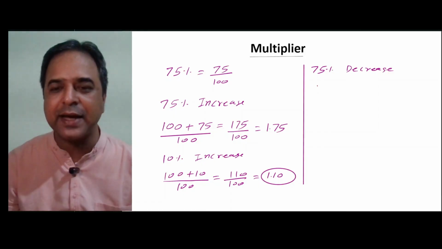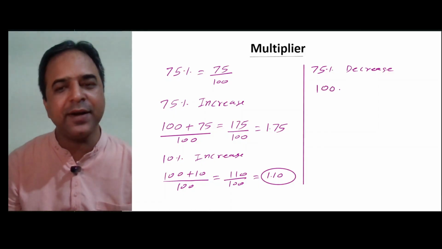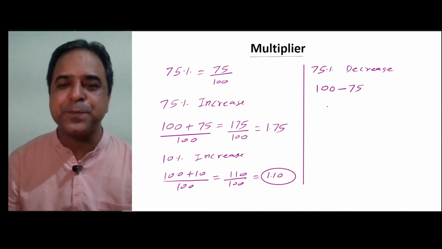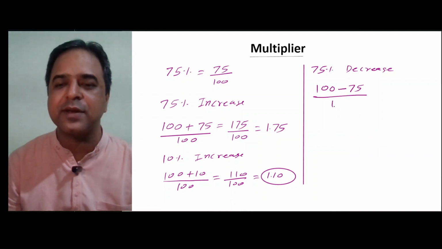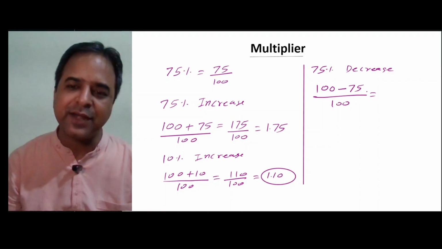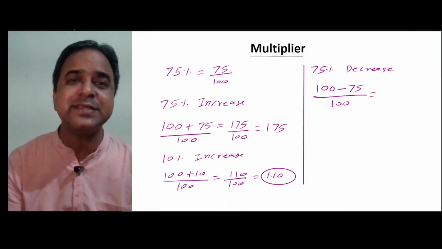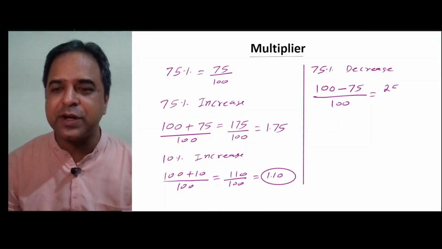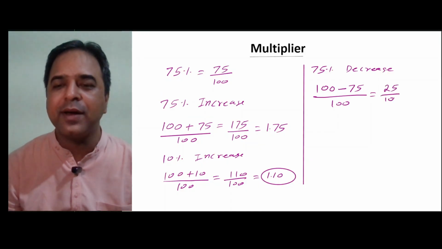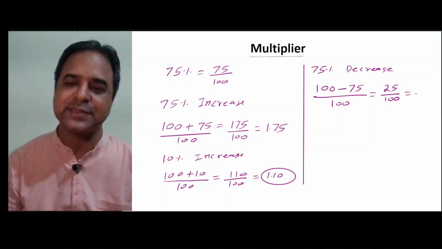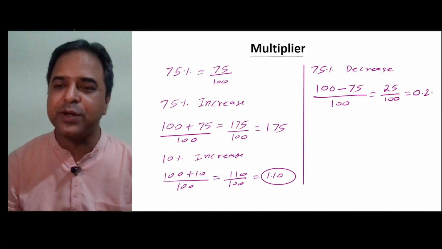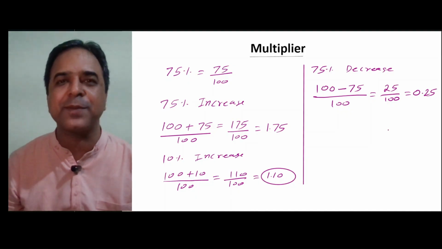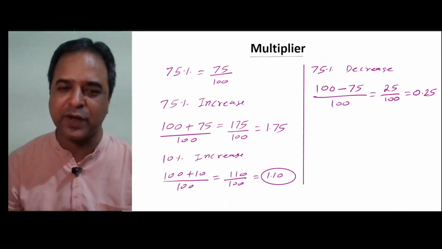So we take 100 minus 75, and as it is percent, we put it over 100. That gives 25 upon 100, which becomes 0.25.